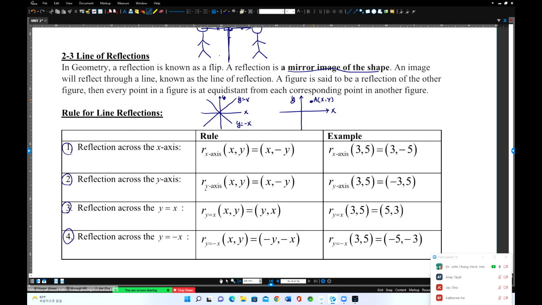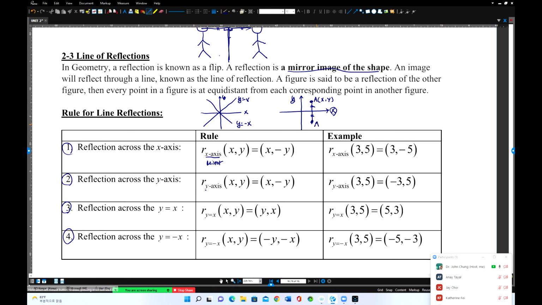Reflection across the x-axis, or reflection over the x-axis, or you can say reflection in the x-axis. You can use any vocabulary. Reflection in the x-axis: this is a mirror. Same distance, perpendicular.